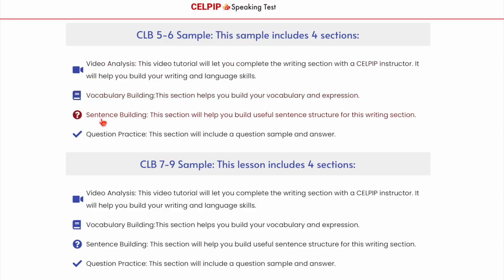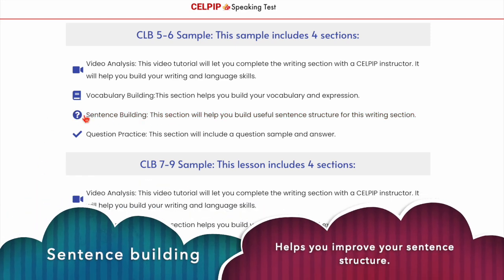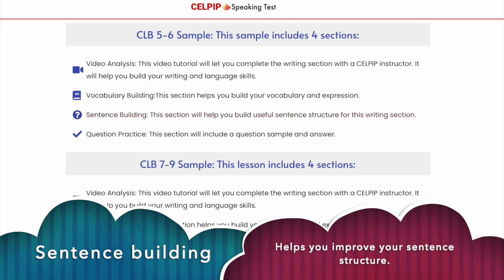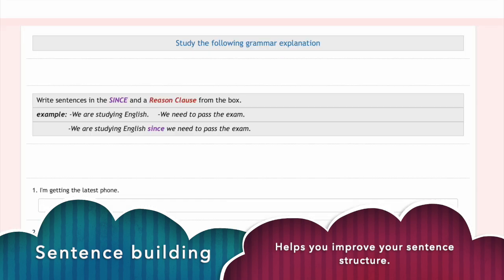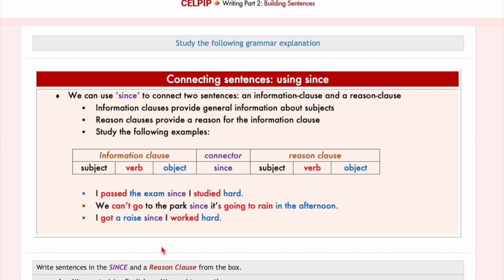Then we have this great sentence building exercise, okay? Depending on your level, it's different, but for sentence building for 7-9, we can see here that it's trying to teach us about using since, and how we can connect two sentences using since. Great for sentence structure.